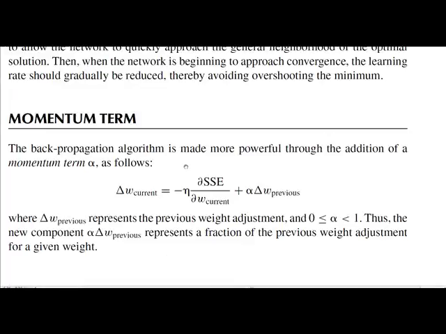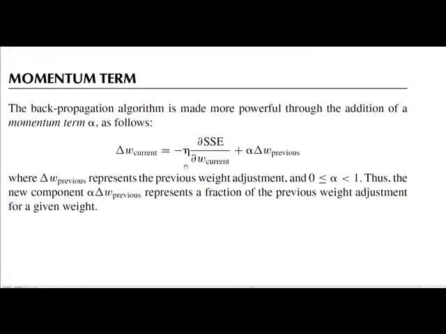And then there's momentum. We didn't use momentum, but you can include momentum in this way. So you can change the formula for delta W current to this formula, where you include a momentum term, which you call alpha. So you can check this out.